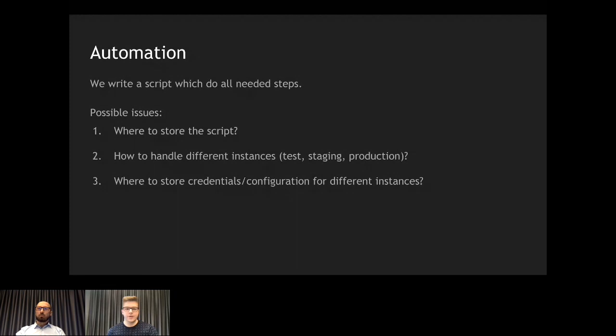We can do it locally on the server we want to run the deployment process. We can store it locally on our machines. However, then we need to be aware of the versioning of that script. So everyone needs to have the latest version of that script that contains all the steps needed to deploy something.